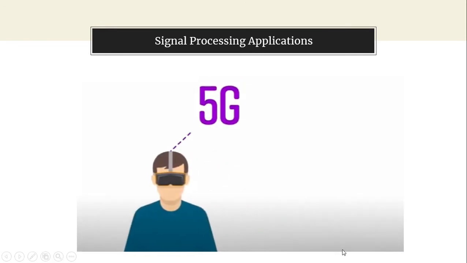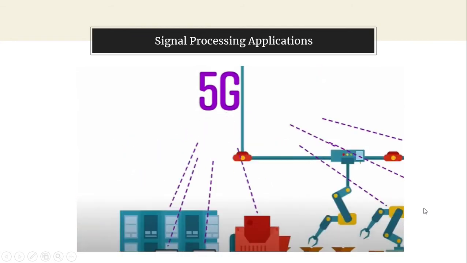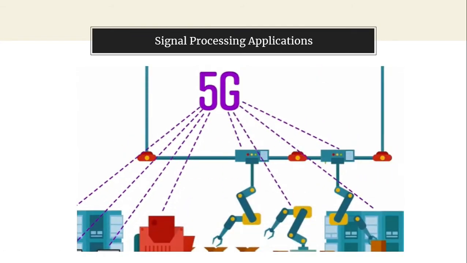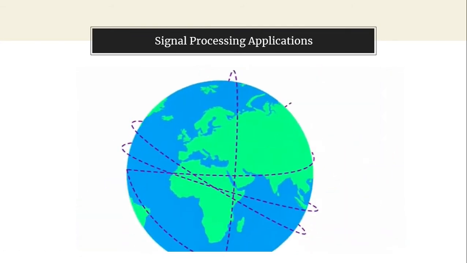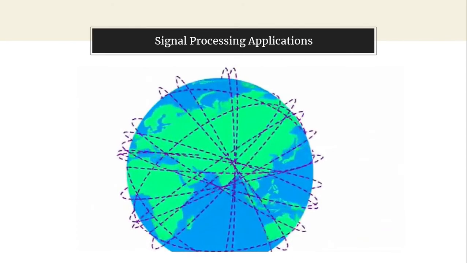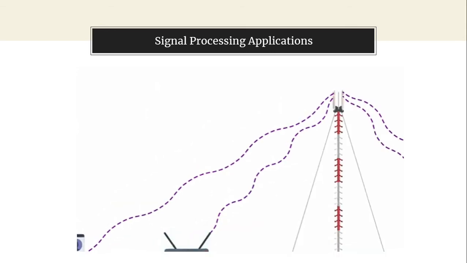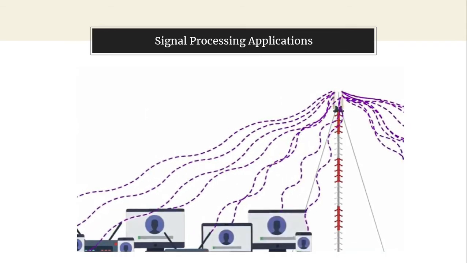And more than this, currently we are having a lot of signals as we move towards 5G technology. So, industrial signals. All around the globe we have numerous types of devices communicating in the form of signals. Like we have a base station in mobile communication, and a lot of mobile devices communicating through the antenna.